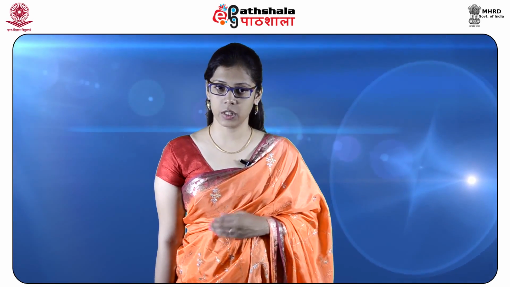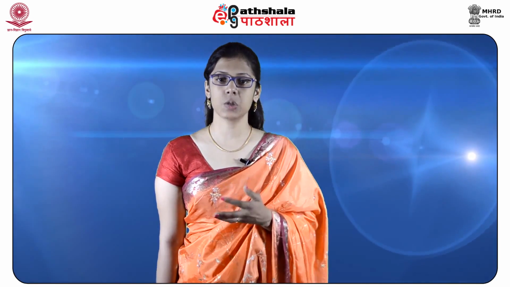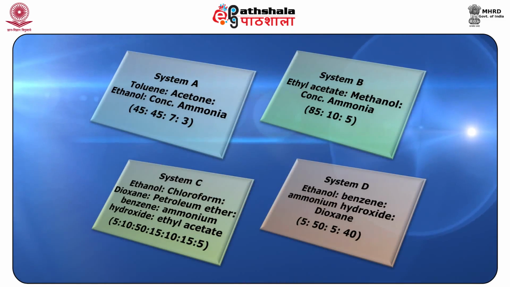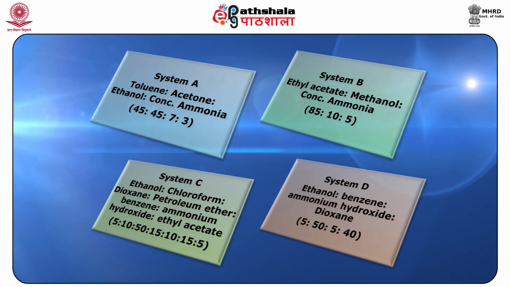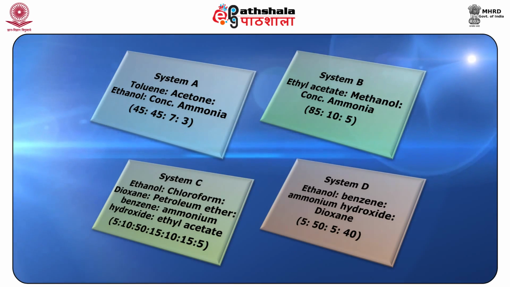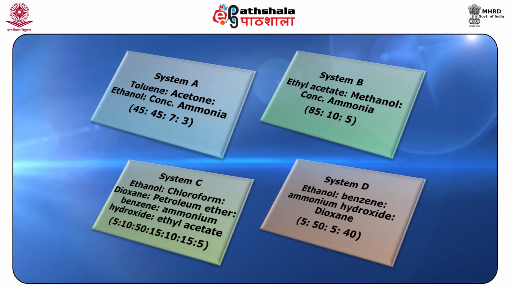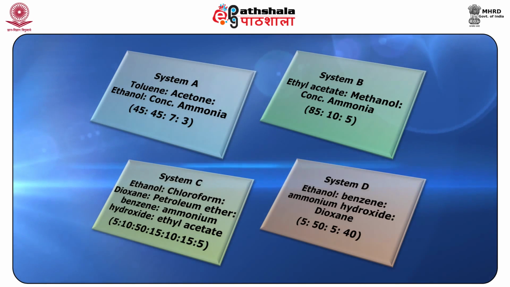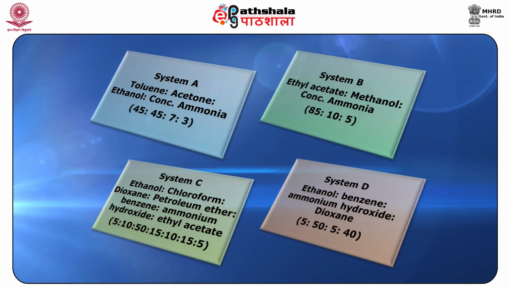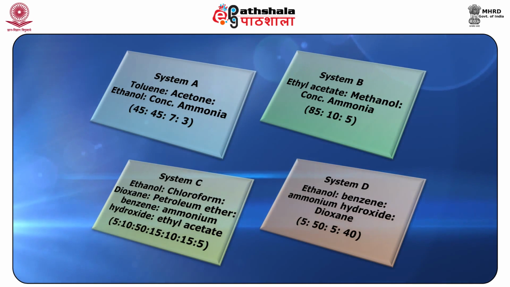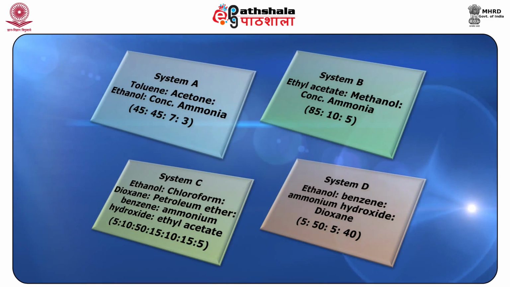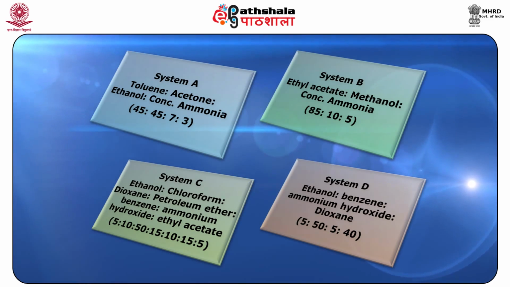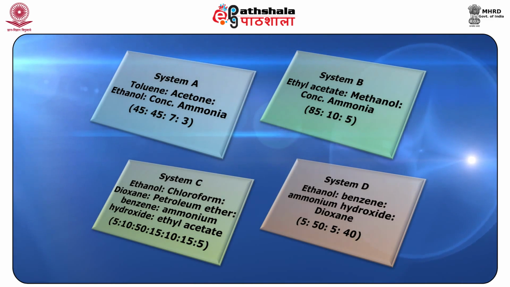Then we have the mobile phase or solvent phase. System A has toluene, acetone, ethanol, concentrated ammonia in 45:45:7:3 ratio. Whereas in system B, ethyl acetate, methanol, concentrated ammonia will be in 85:10:5 ratio.